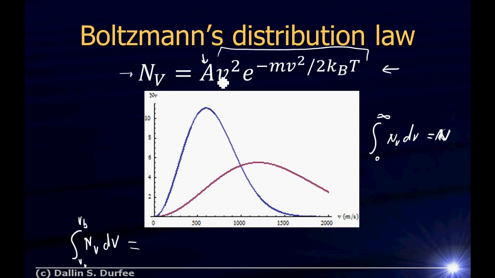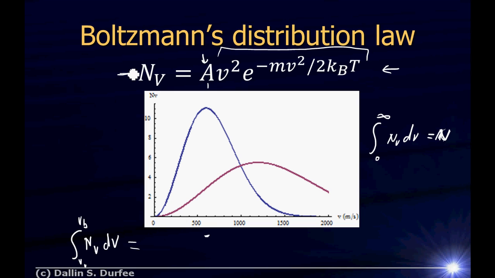If I look at this plot and I look right here at 600 meters per second, it looks like it's about 12. That does not mean that there are 12 particles traveling at 600 meters per second. That means that there's a large probability of finding particles in a range near 600 meters per second, right? This is something that we put into an integral and integrate.